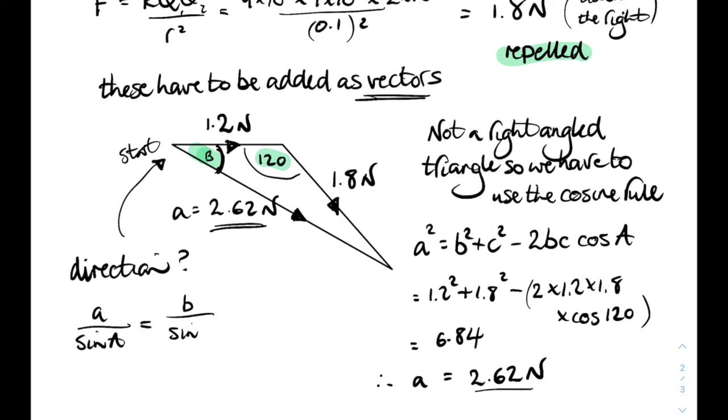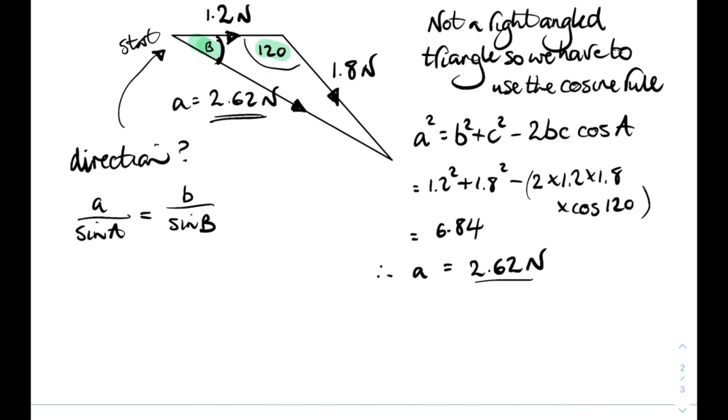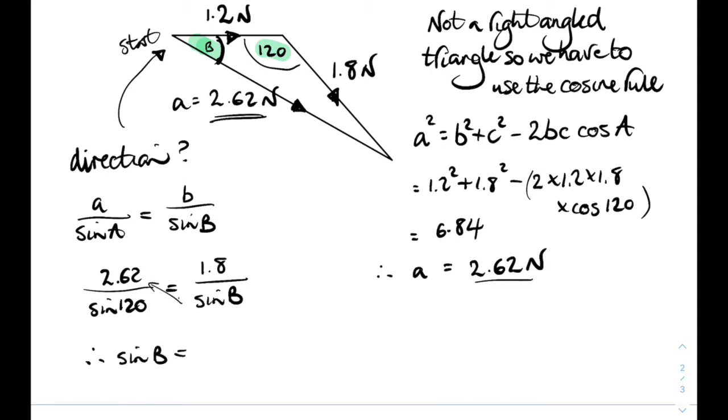There's too much trig going on, but it's a nice exercise in trigonometry. So there's your sine rule. We know what a is, we know what sine A is. We are looking for sine of angle B. And we know what b is, it's 1.8. So if you rearrange to get sine B, there it's rearranged, and B works out to be 37 degrees.